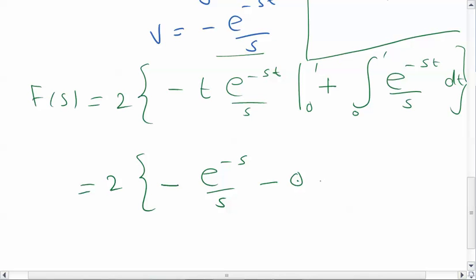Okay, plus this integral, oops, it's not actually plus here. When you integrate what's inside the second integral, you will get a negative, e to the minus st over s squared, and the limits of t are going to be 0 to 1.